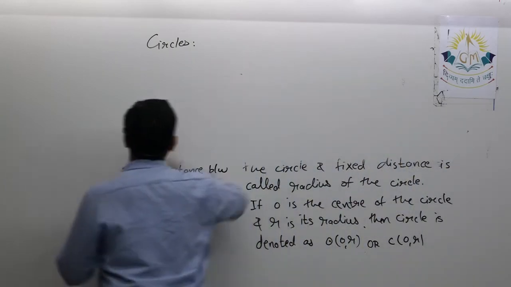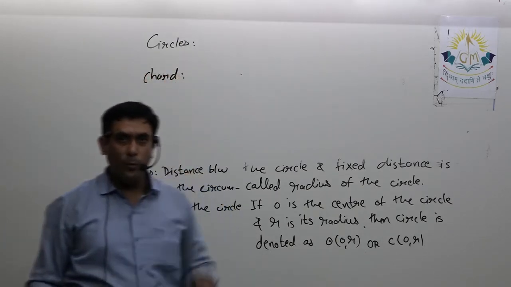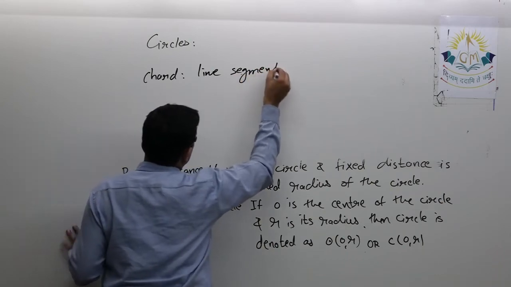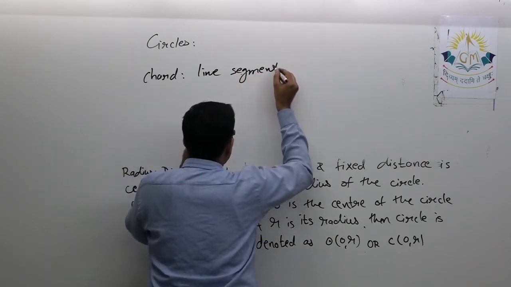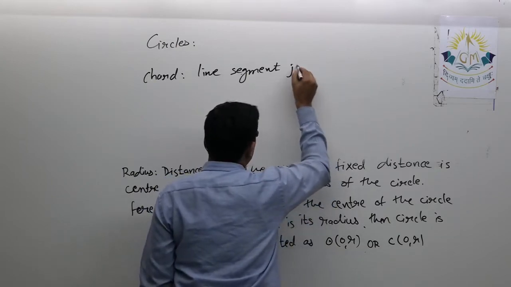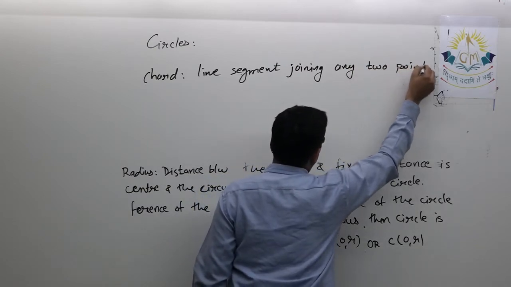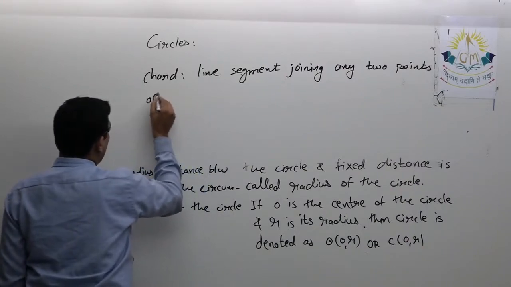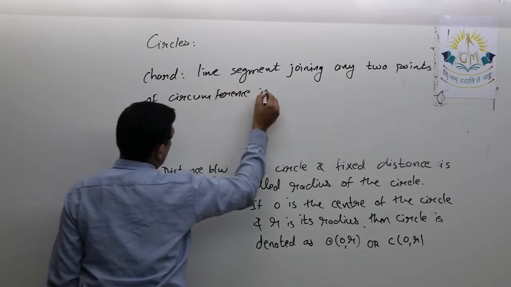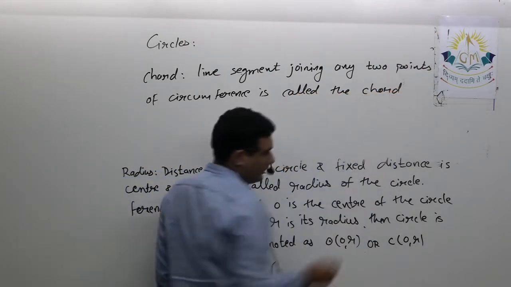Okay, so next is chord. Any line segment which joins any 2 points of the circumference is called a chord of the circle.